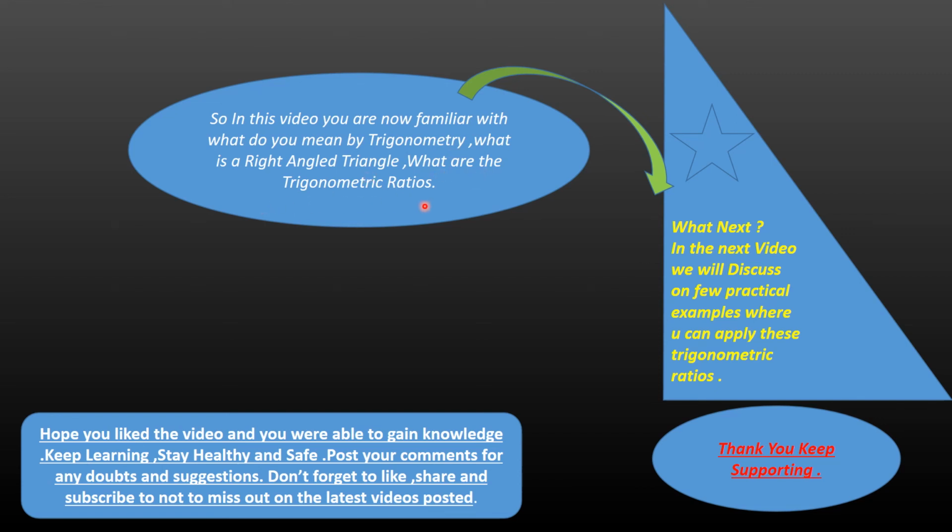So hope you all like this video, and in the next video I will discuss a few practical examples where you can apply these trigonometric ratios. So today we have dealt with the six basic ratios: sine, cosine, tan, cot, secant and cosecant.